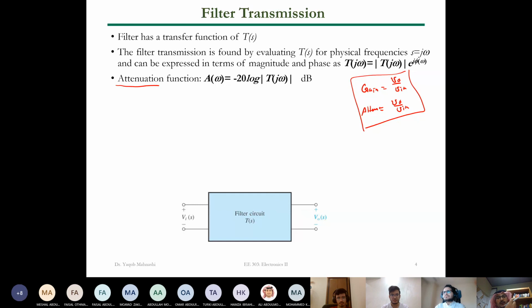Let's go back to the linguistic meaning here. Gain means what? More than one. Attenuation, less than one. Okay? Or not even less than one, but less than the gain that is intended for the specific application. Let's say you have a gain of 100 dB. Okay?